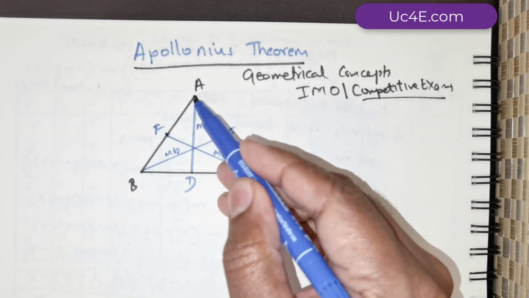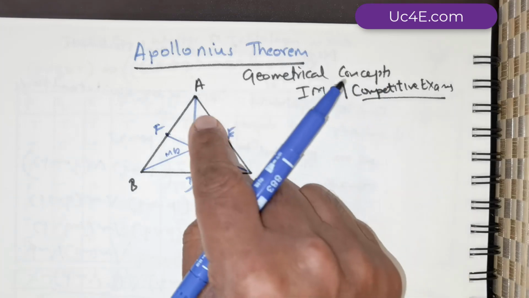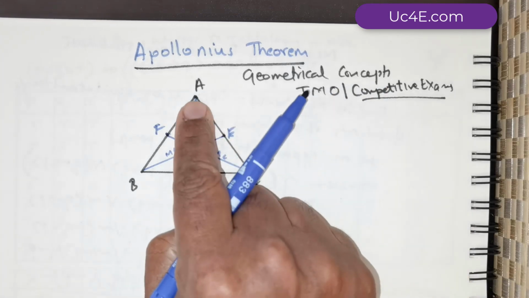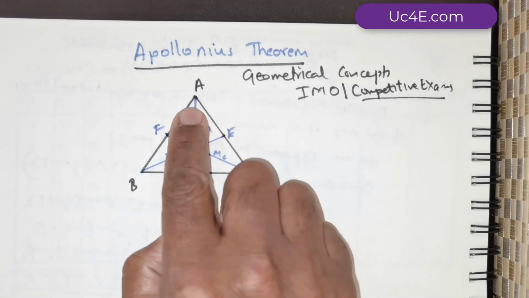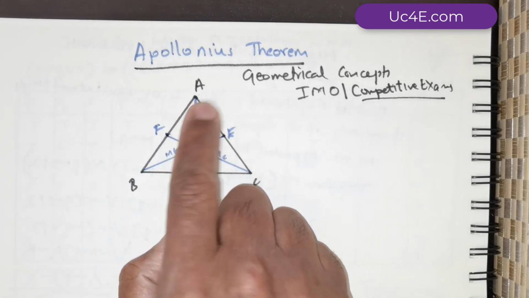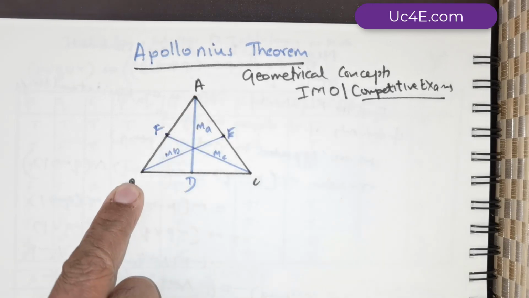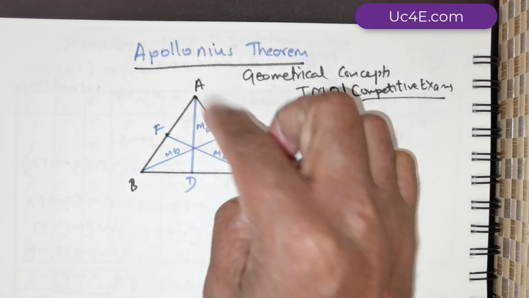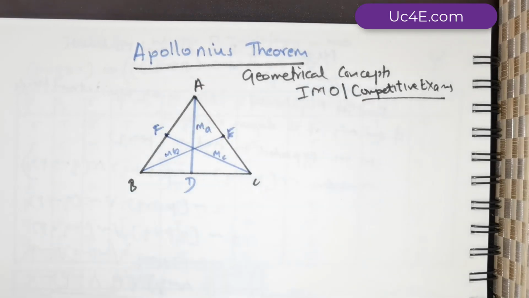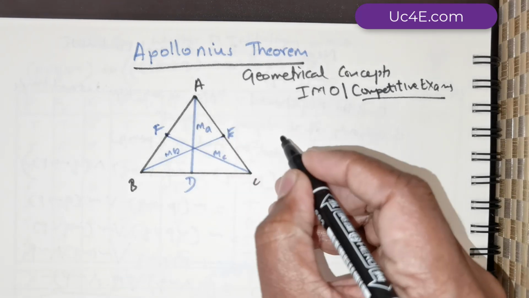So if I were to consider the median AD, then you have to note that the median is starting from A. So this is the vertex. Now since it's starting from A, we will be utilizing AB and AC. So these two sides we will be utilizing. So let me write that formula down for the median AD.